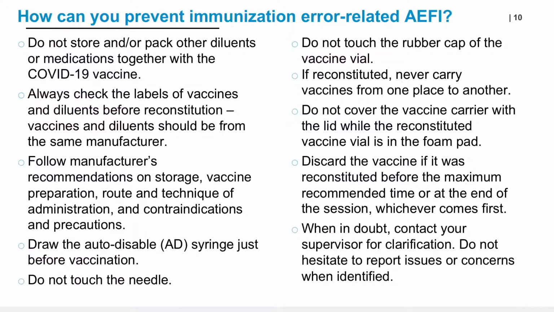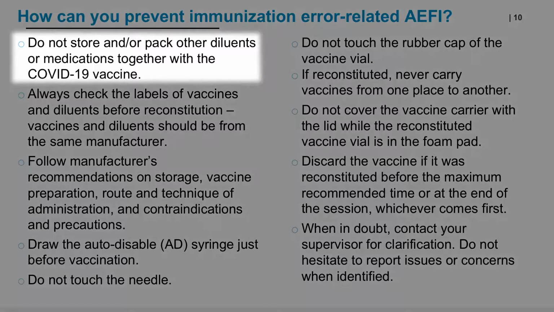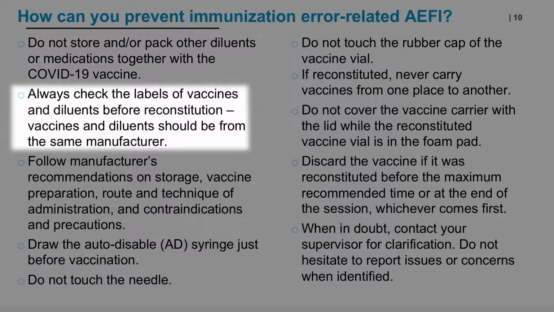So, how can we prevent immunization error related adverse events? Immunization error related adverse events can be prevented by not storing or packing the vaccine with the other drugs and medications. It's important to always check the labels of the vaccines and diluents before reconstitution.